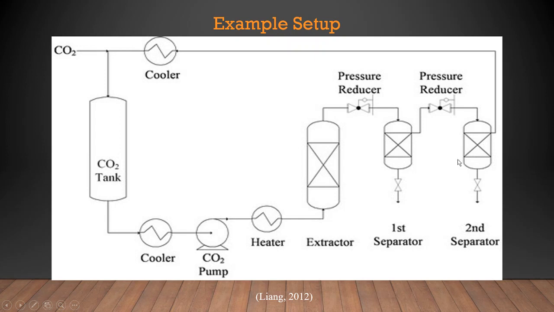And this can happen multiple times to get a better separation, or there could be another method, like say an absorption filter that takes out the caffeine. And so this flow of CO2 in a subcritical state is then cooled back into a liquid state to go back into the reservoir, and the process is just repeated again.